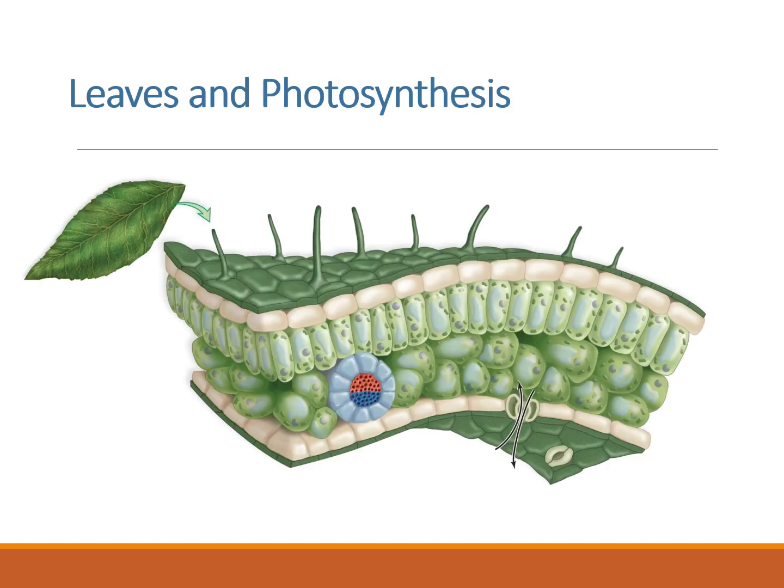So if we look at a cross-section of a leaf, on the outer layer we have this kind of waxy layer called the cuticle. We have these middle layers that contain all of these green chloroplasts filled with chlorophyll, and this is where photosynthesis will take place.